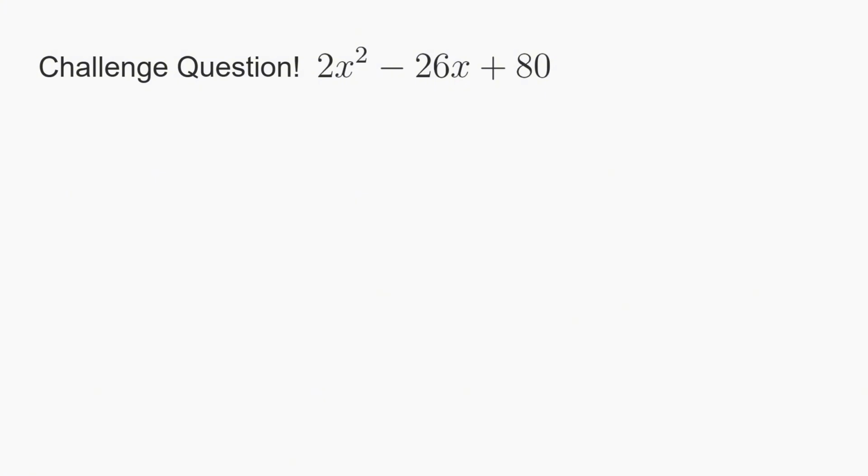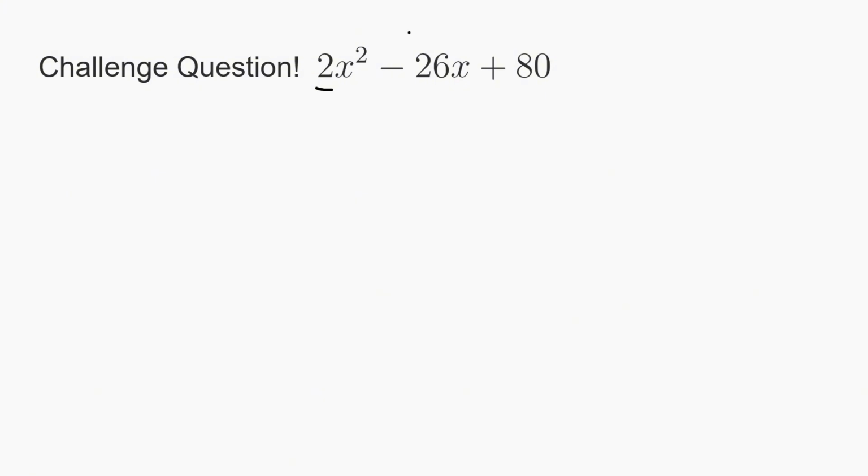Now, let's get started. You might be saying, this entire video we've only been factoring things with a coefficient of 1 for the x squared. Can we use the same method for this question? And the answer is sort of. We can if we can make this into a form that we recognize.